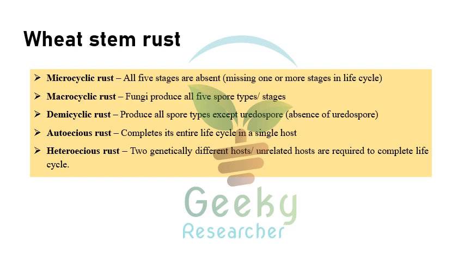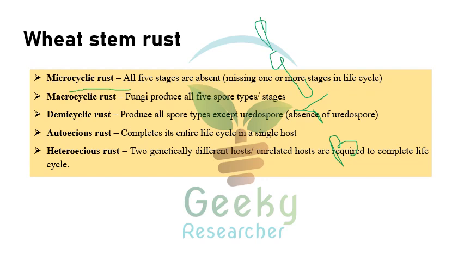Let's discuss wheat stem rust. Before going into detail about wheat stem rust, let's have some technical terminology. What is microcyclic, macrocyclic, demicyclic, autoecious? Microcyclic means not all 5 stages are present. Actually, if you see rust, 5 spore stages can be present: pycniospores, aeciospores, uredospores, teliospores, basidiospores.